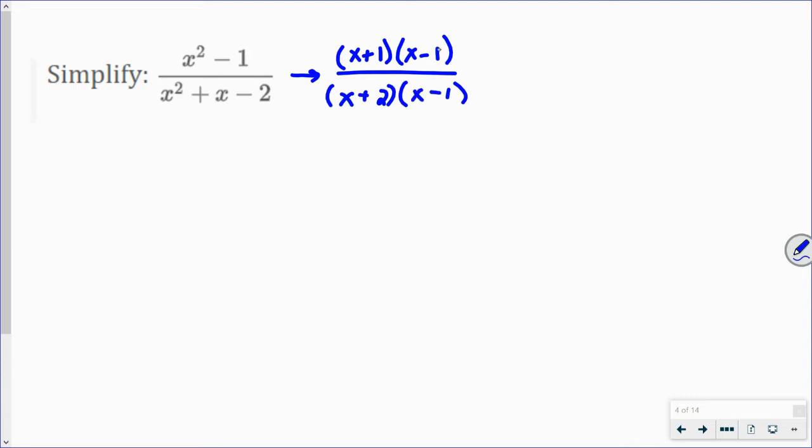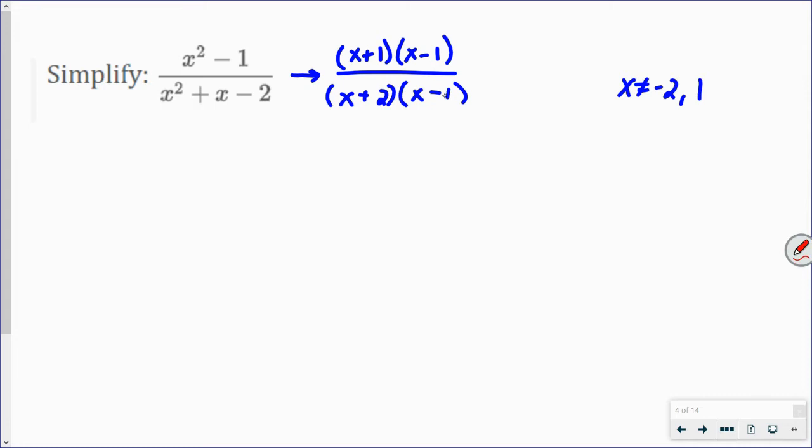Here we can also put in our domain restriction. Remember, the bottom cannot equal 0. So what makes that equal 0 is x being -2 and 1. So that's what x cannot equal.